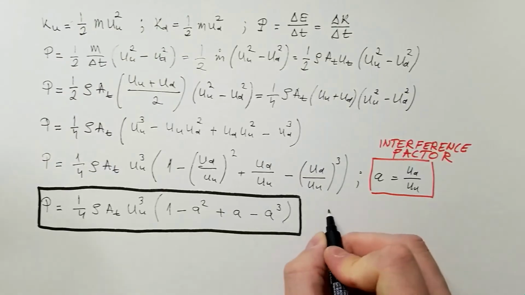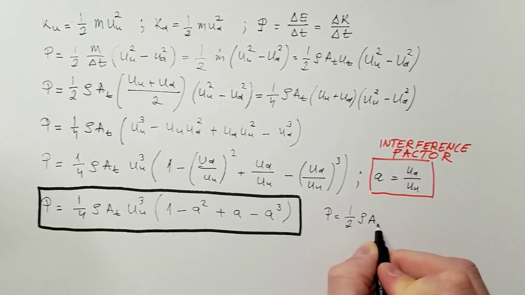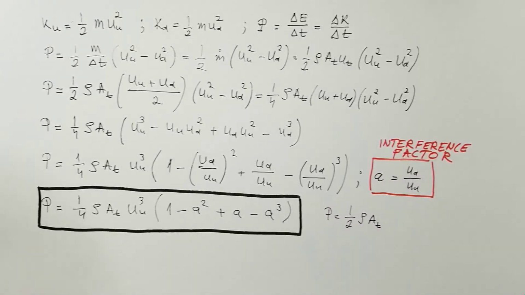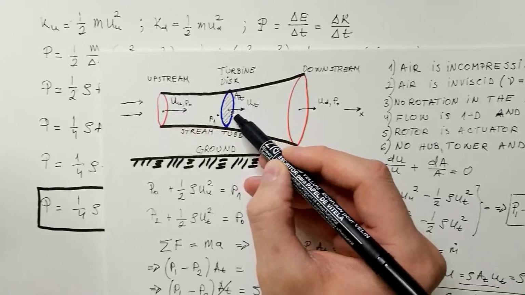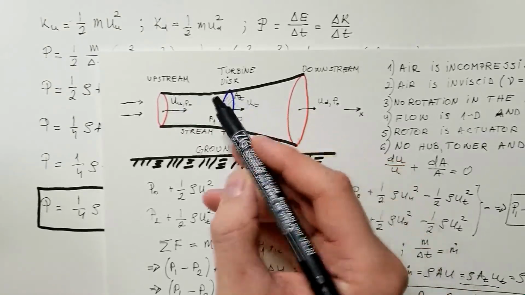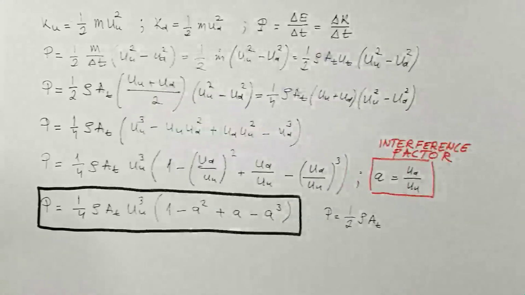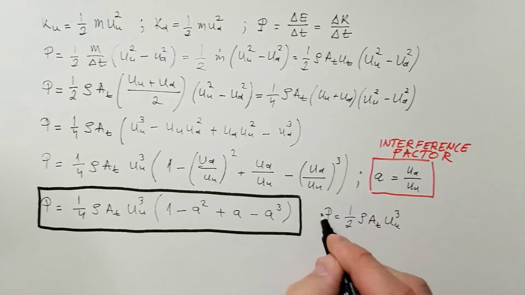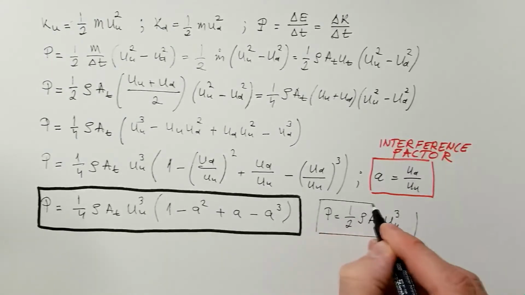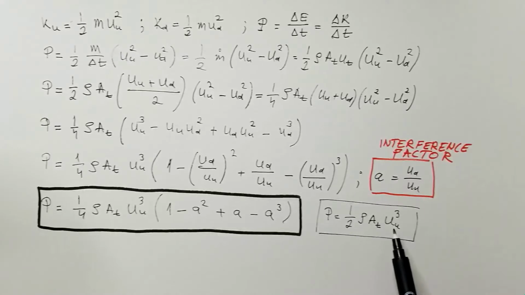And that power would be 1 over 2 rho area of the turbine, with the wind speed not being U_T, but being undisturbed U, U cubed. That is power in the undisturbed wind over cross-sectional area A_T.